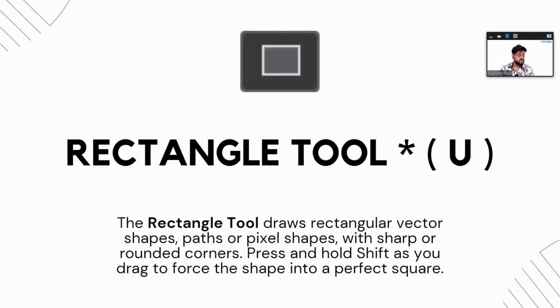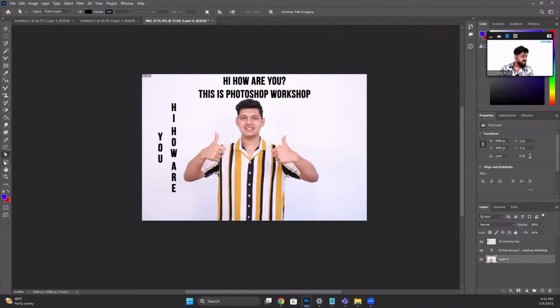Let's see the next tools. Now the next tool is the rectangle tool that allows you to draw rectangular vector shapes, paths, or pixel shapes with sharp or rounded corners. You can press and hold shift as you drag to force the shape into a perfect square. It basically allows you to draw a rectangle. Now you can hold shift over here.